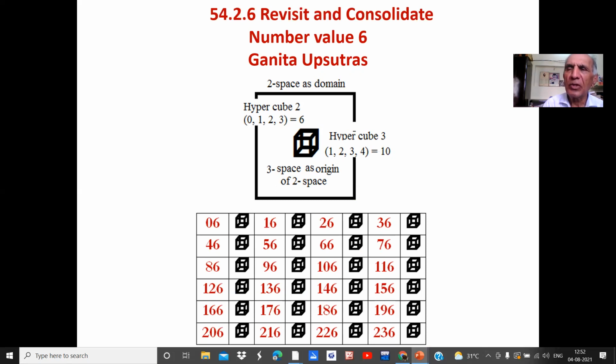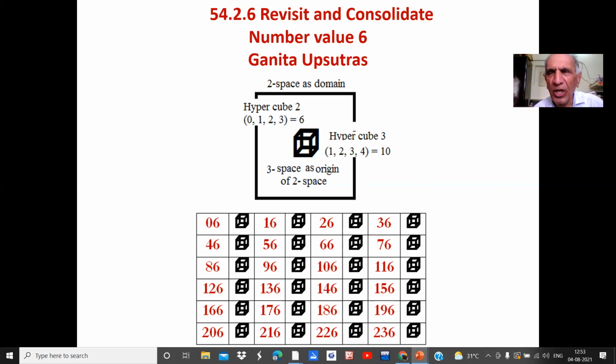Now, if we revisit number value 6 as a fixed value of the first digit, then the second and further digits ahead for this organization will take us from 6 to 16, then 16 to 26, then to 36, 46, and so on.